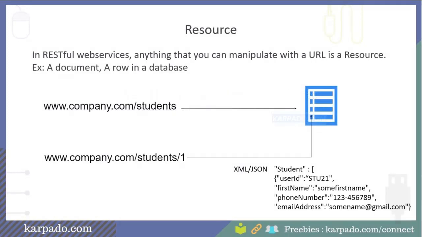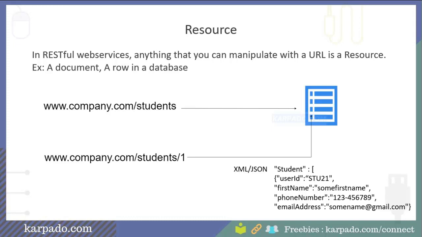The first term that you need to know is something called a resource. Now, there are a lot of definitions to define what a resource is in RESTful architecture, but I want to put it very simply. You can think of a resource as something that you can manipulate with a URL. For example, a resource can be a document which can be viewed over the internet with a URL, or it could also be a row in a database which you can manipulate with a URL.